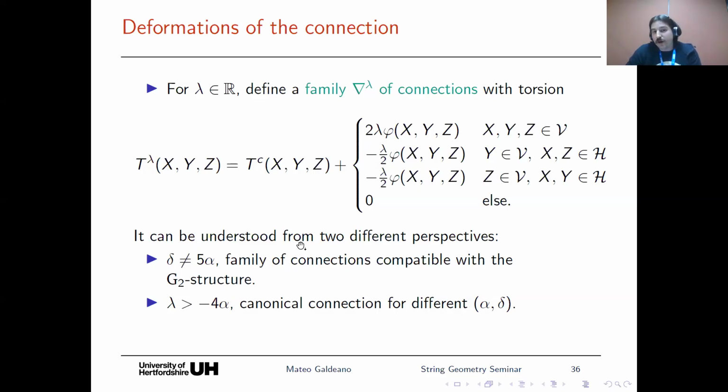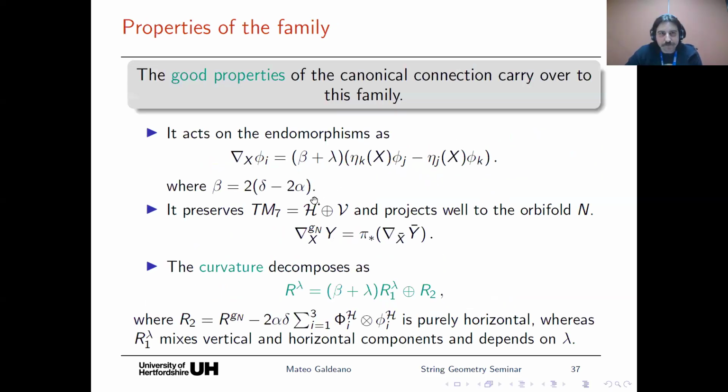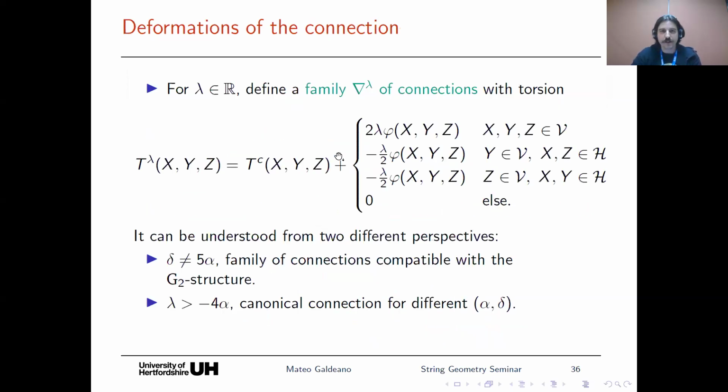But the interesting thing is that if you actually pick this one, all these good properties I was telling you about, the canonical connection, carry over to this family. So you have a very similar property in terms of how this covariant derivative behaves, where now you see there's a dependence on lambda, which is the parameter of the family. And of course, lambda equal to 0 recovers our previous connection.